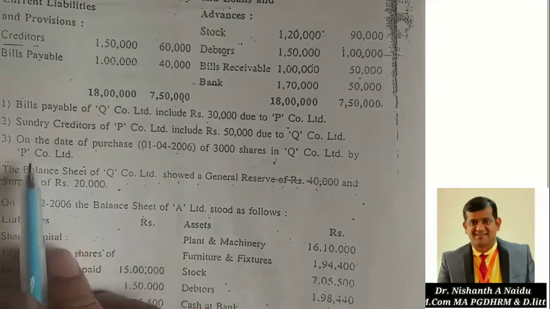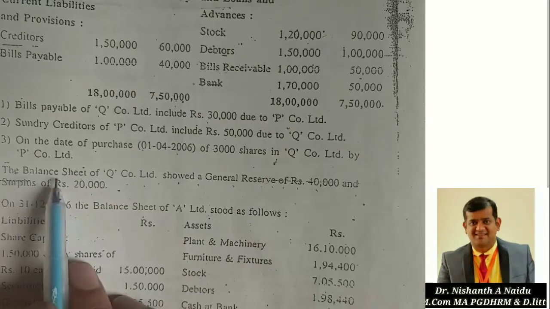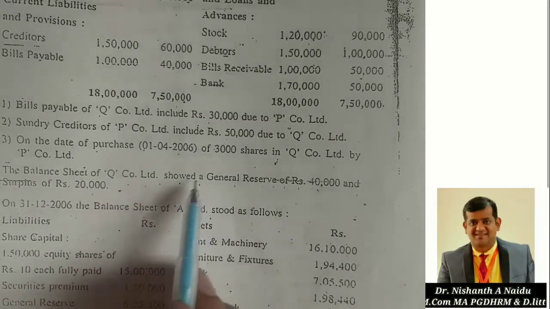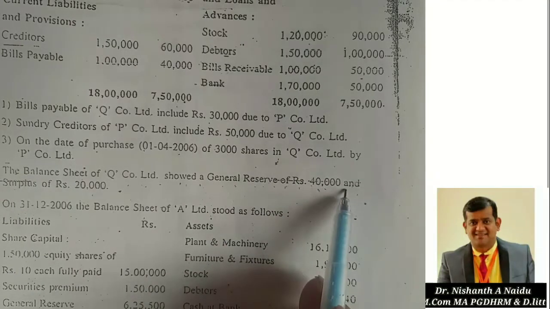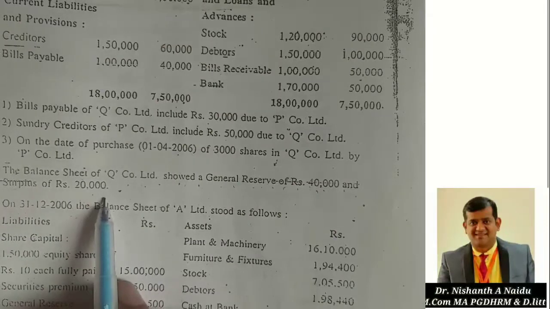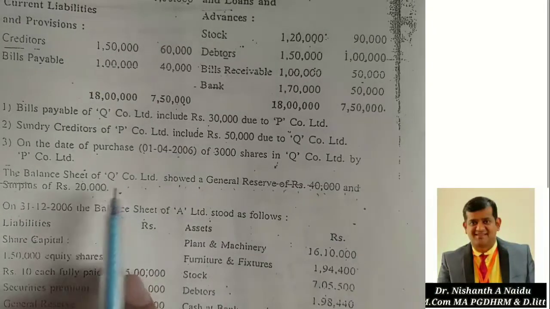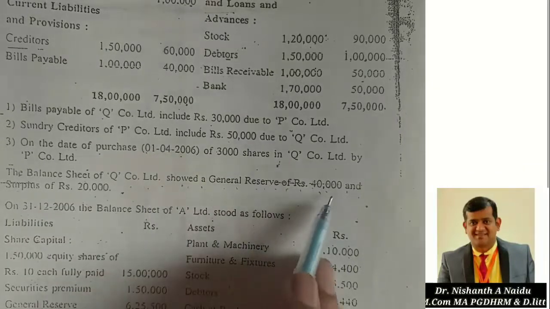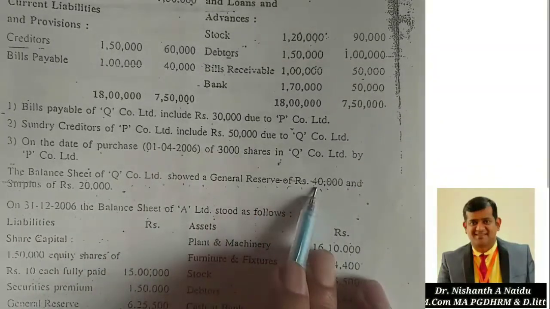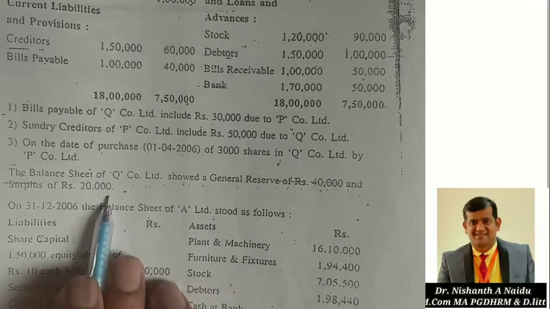After 3 adjustments, the fourth adjustment is the balance sheet of Q Company Limited showed a general reserve of rupees 40,000 and a surplus of rupees 20,000. You copy this adjustment to this problem only, okay. So what is the surplus? General is 40,000 and surplus is 20,000.